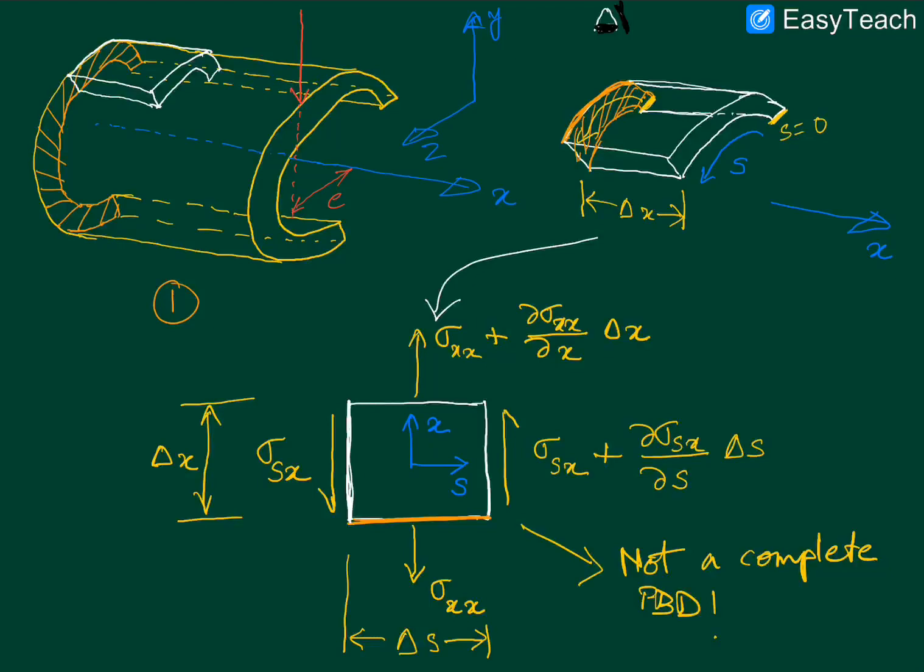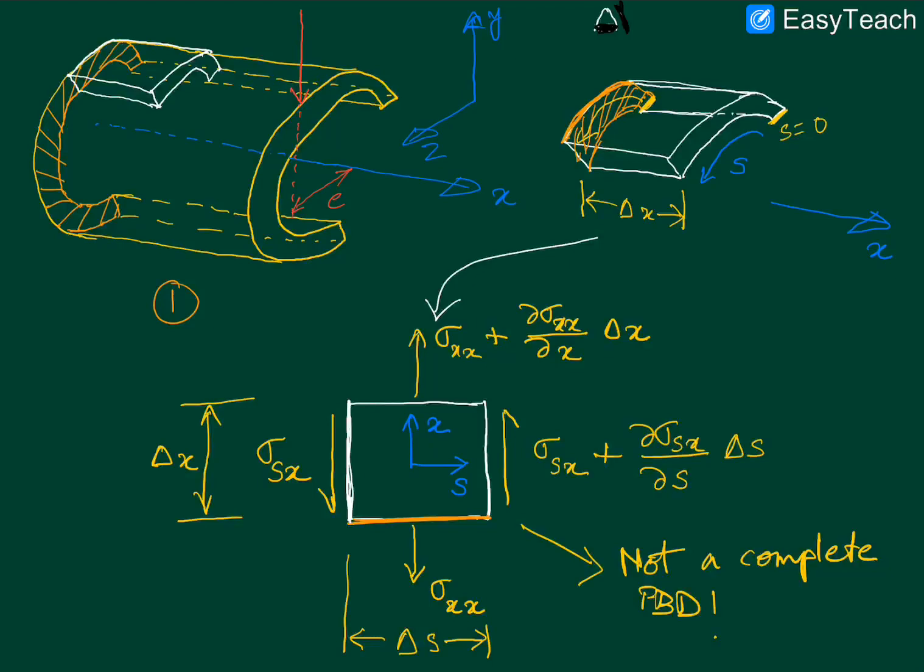The answer is yes, it does, because on this edge at S equal to 0, this one is our sigma Sx. But on this hatched part, that would be actually sigma Xs.